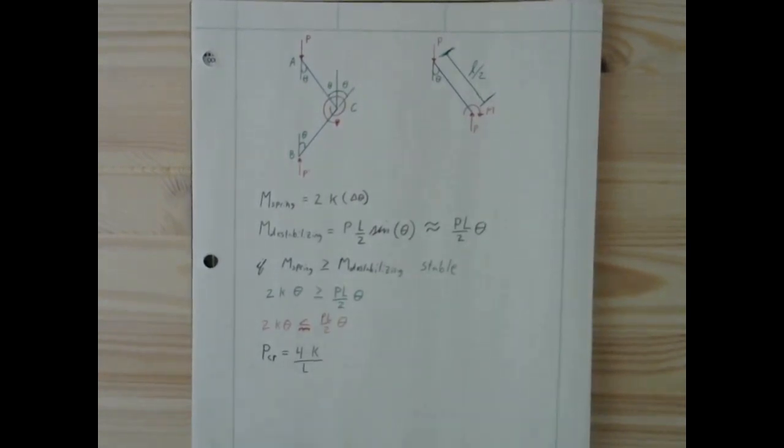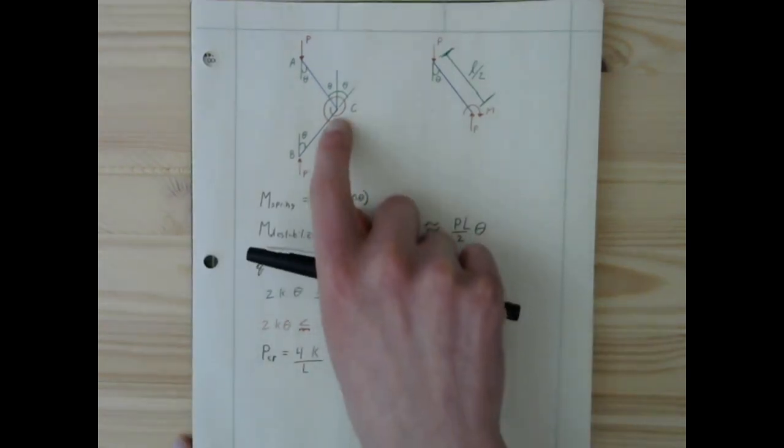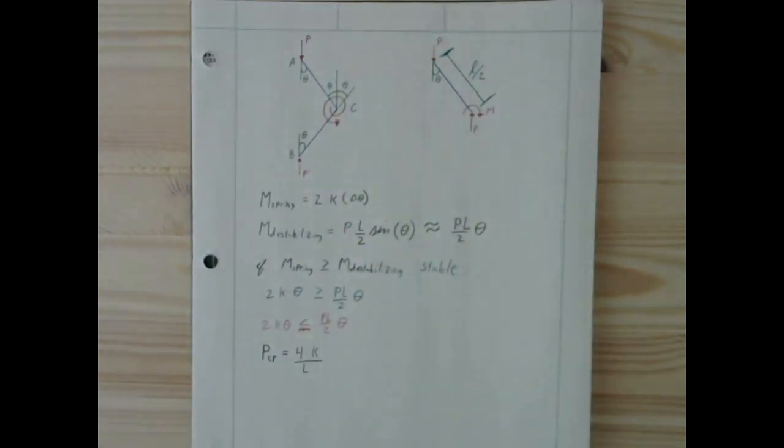So when we're looking at that, we're going to notice that it's a function of the length, it's a function of k, the stiffness of the spring, but it's not actually a function of the rotation.